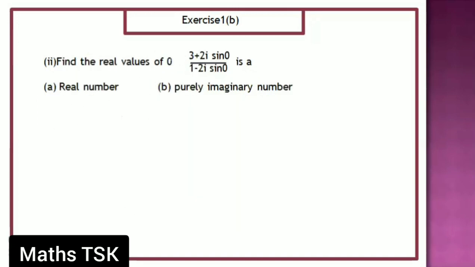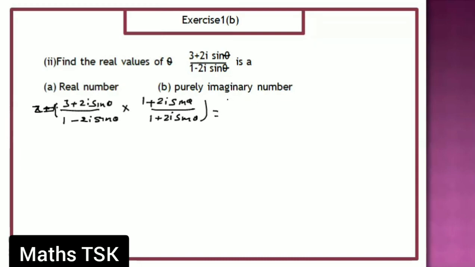find the real value of theta, if (3 plus 2i sin theta) by (1 minus 2i sin theta) is a real number. Go for real and imaginary parts. Let us consider z as the complex number. 3 plus 2i sin theta by 1 minus 2i sin theta, multiply and divide with 1 plus 2i sin theta, so that denominator becomes a real part.